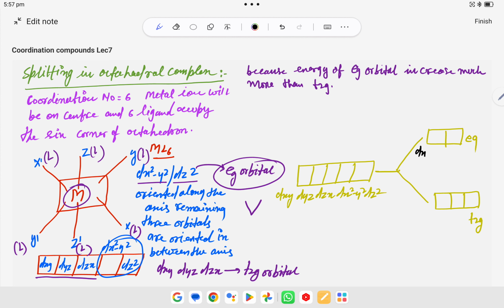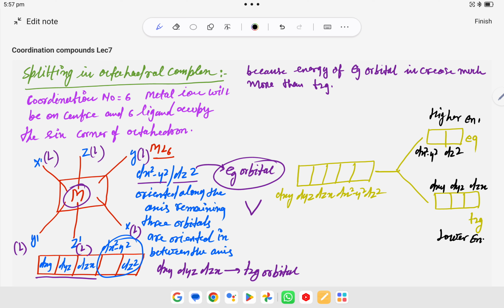Here it is dx square y square, dz square, and dxy, dyz, dzx. So this is higher energy and this is lower energy.